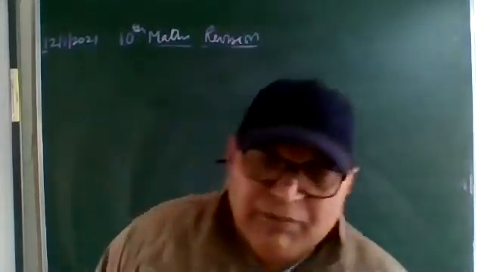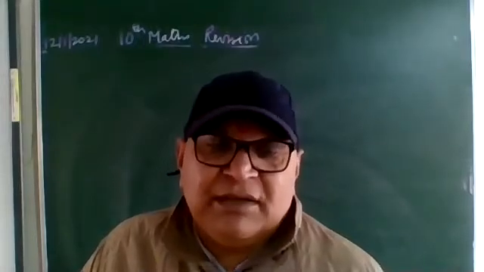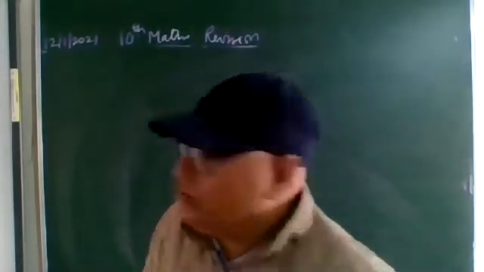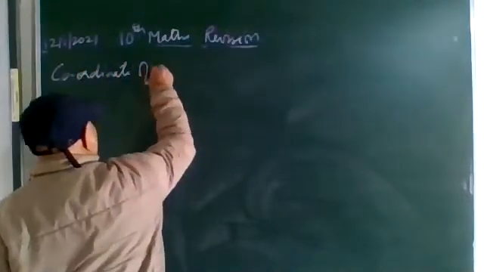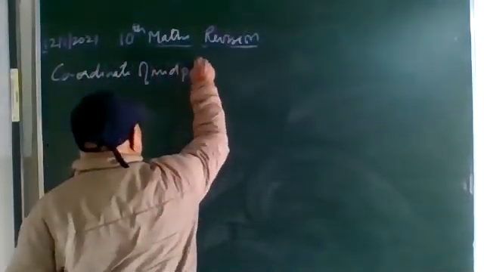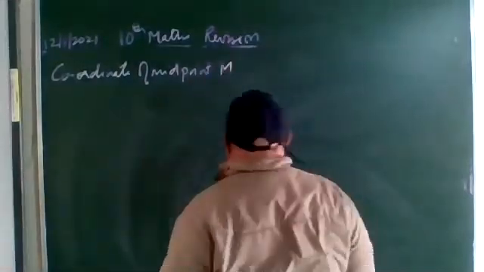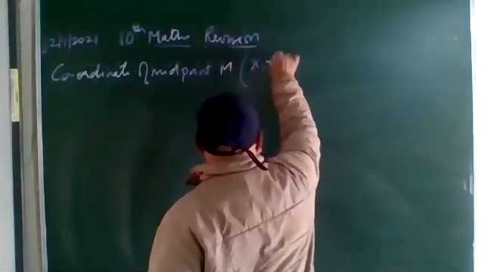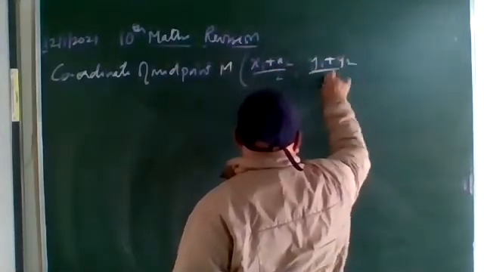You will get 2 equal parts. Then divide each part into 2 equal parts, and you will get the answer. So the coordinates of the midpoint are x1 plus x2 by 2, y1 plus y2 upon 2.